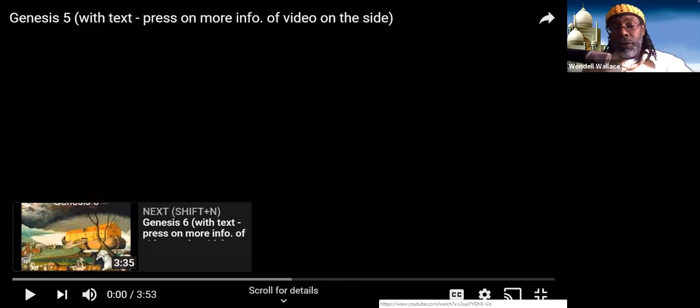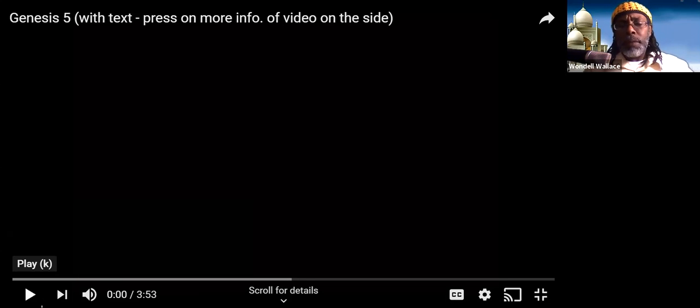It's going to be kind of hard to follow along unless you have the New International Version, which this is being read from. So I figured I'd insert the reading of the chapter so that we could all be on the same page. If you want to do like I'm doing, I'm just going to listen.